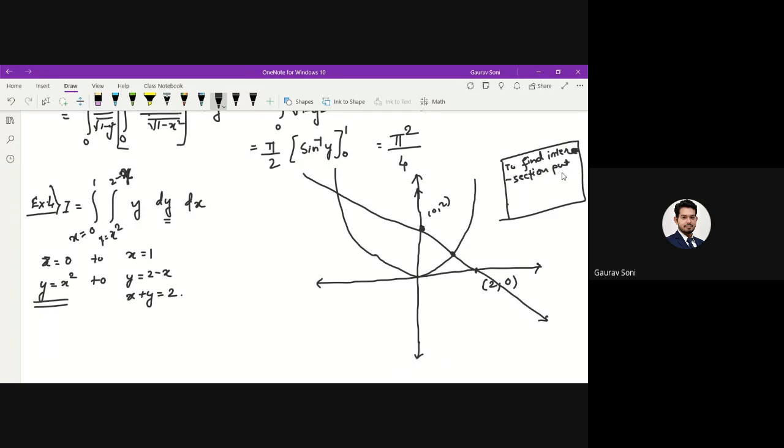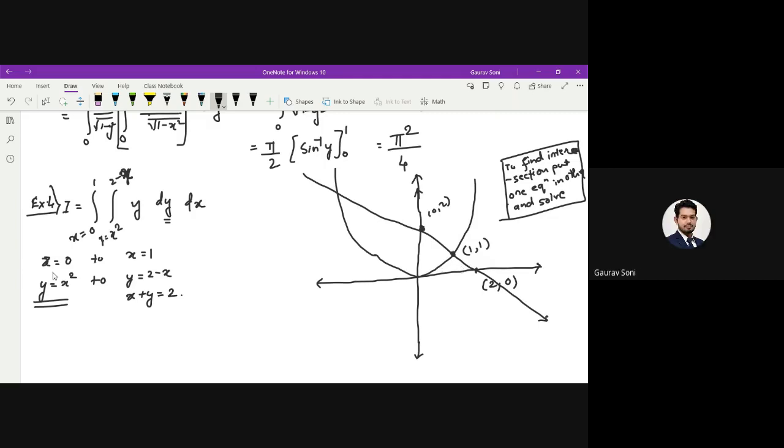Put one equation in the other and solve. And if you're smart enough, just by looking at the equations or the curves, you can tell me this point. It will be (1, 1).